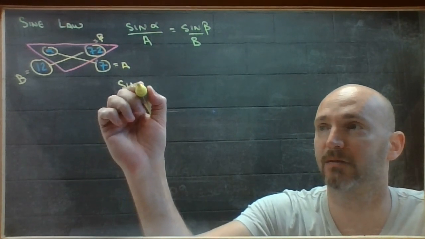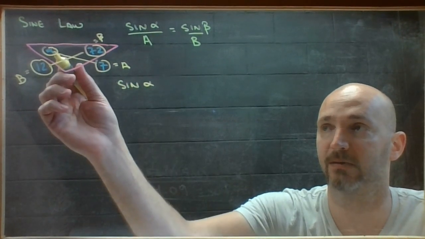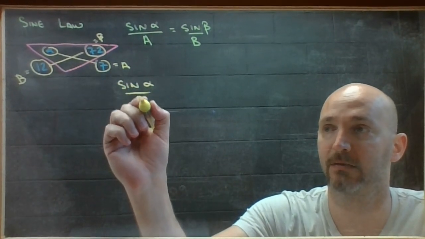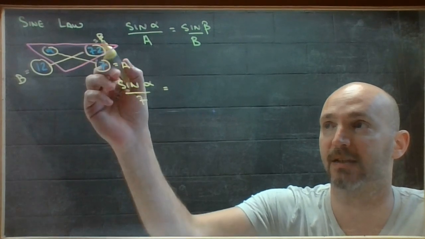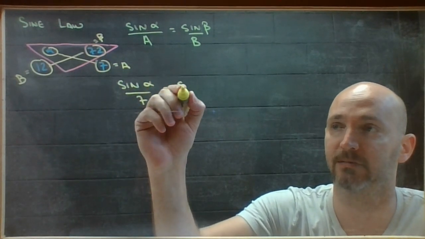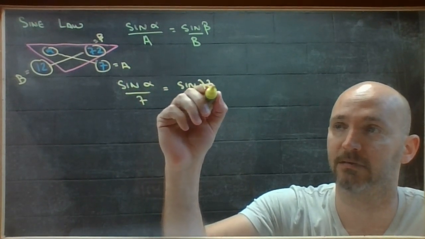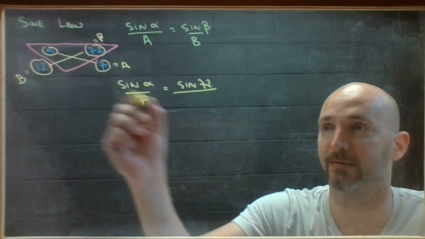Sine alpha, that's this angle, over 7, should be sine of beta, that's this angle, over 12.